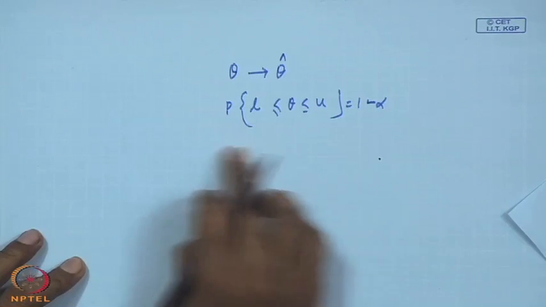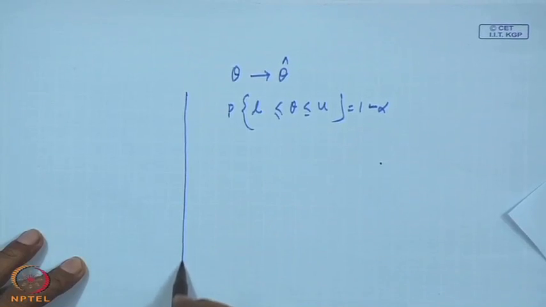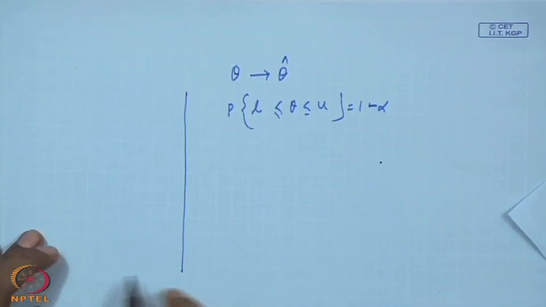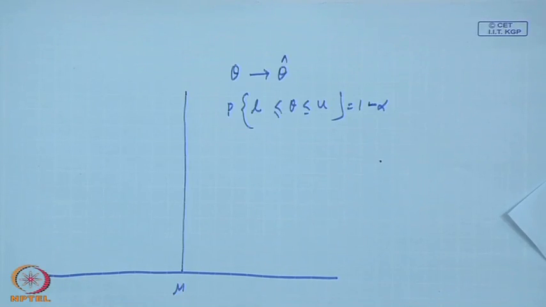Now, let us consider theta is mu, the mean value. Suppose you have collected a sample of size n and computed x bar, and you found the interval like this.